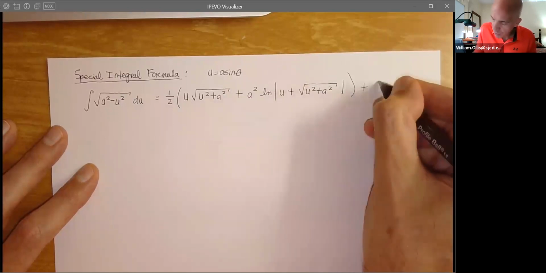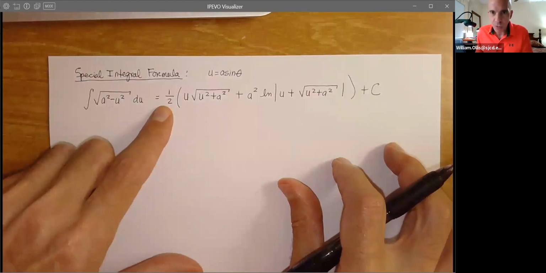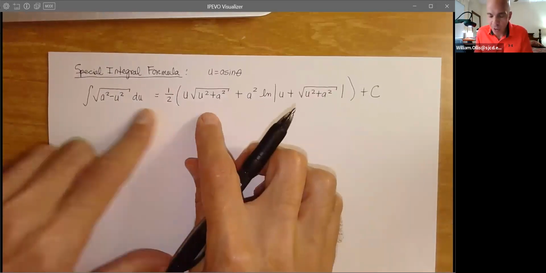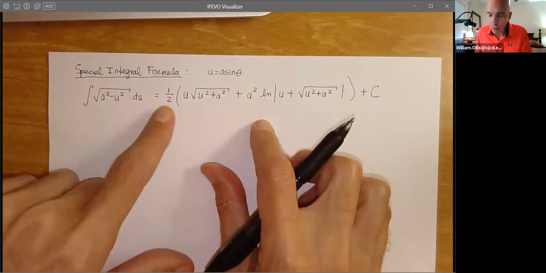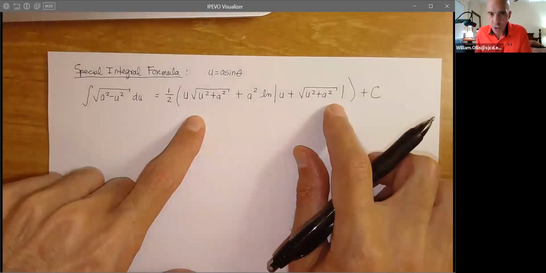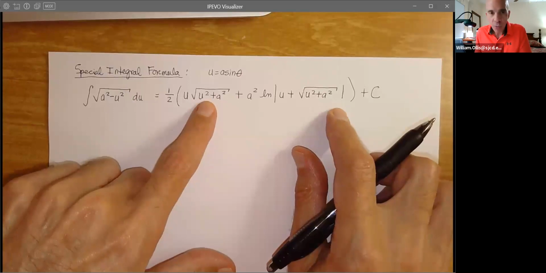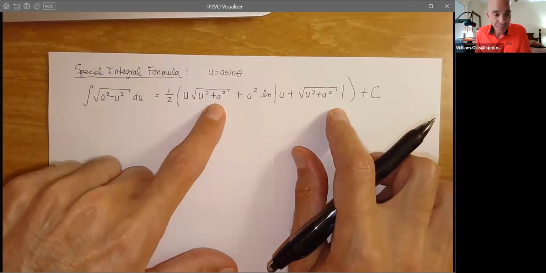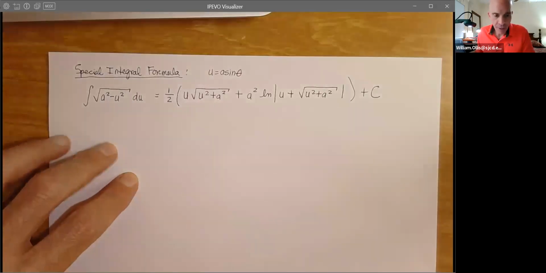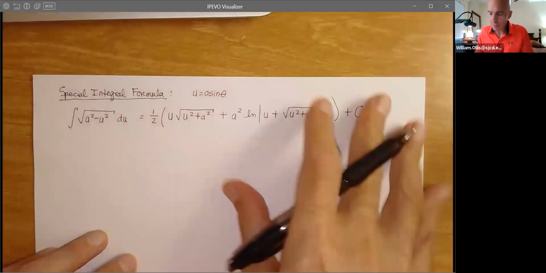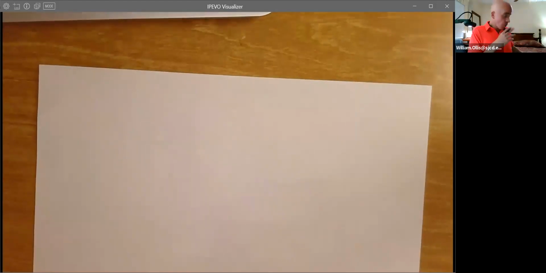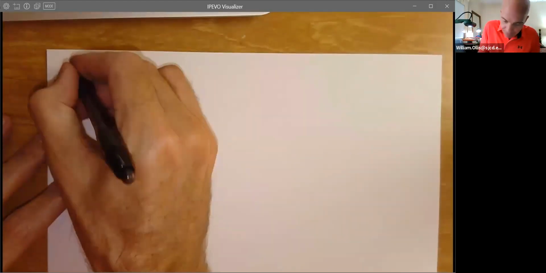So now when we look at this, we got that blasted 1/2 again. So we have the integral of the radical a squared minus u squared will now be 1/2, and we've got these two terms, u square root u squared plus a squared. Oh, sorry. Let me make sure. Oh, sorry, kids. X that. I wrote down the same formula looking at the wrong part of the page. Forgive me. X that.